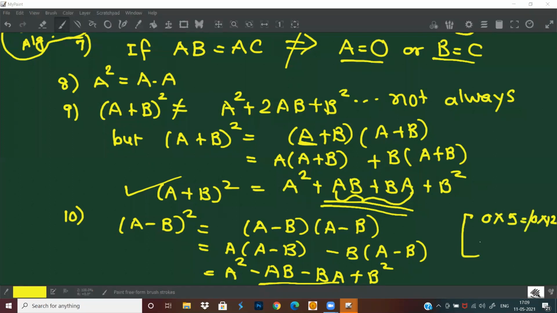Na? I cannot. I can't. Understood? Only if it is non-zero we can cancel. Na? Correct? You followed what I said? You cannot cancel A, yes.